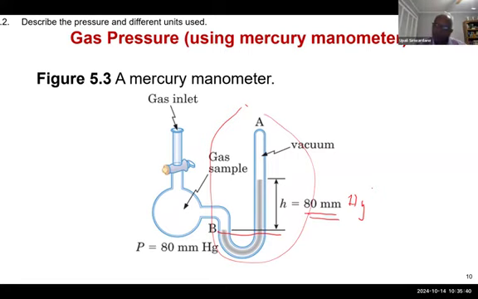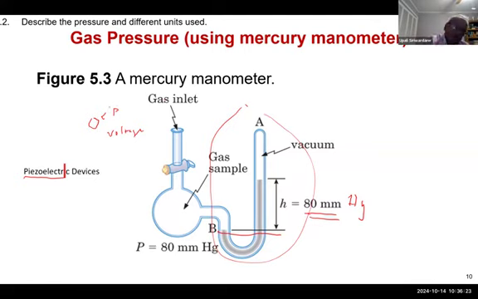Now we don't use mercury for measuring pressure. What you use is materials called piezoelectric crystals. When you apply a pressure onto the crystal, it creates a voltage which is proportional to the pressure applied.